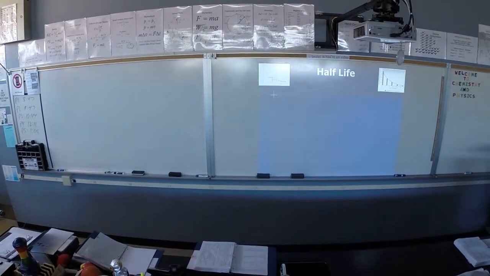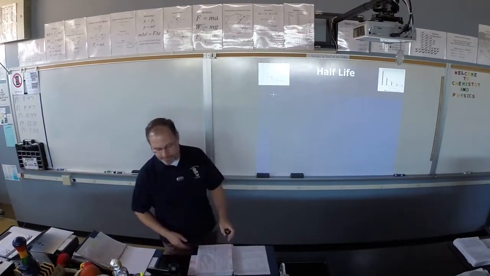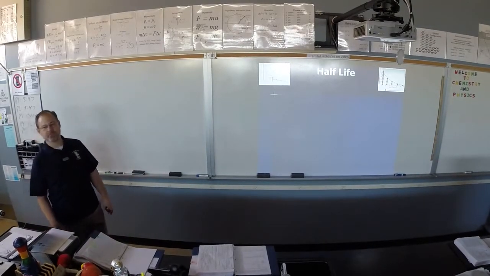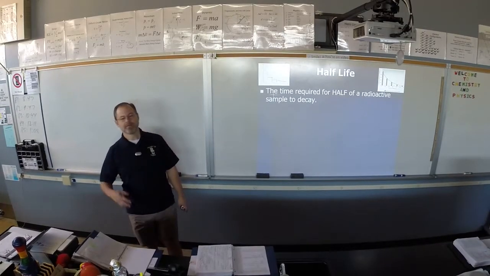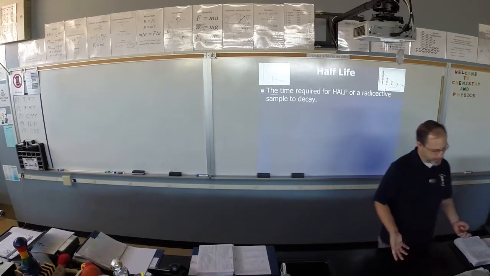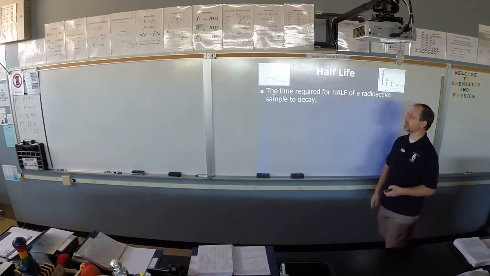All right, ladies and gentlemen. So as promised, we're going to talk about half-life. Again, nuclear, easiest algebra or easiest math you've ever done in any science class. Half-life is just the time it takes for half of a radioactive sample to decay.